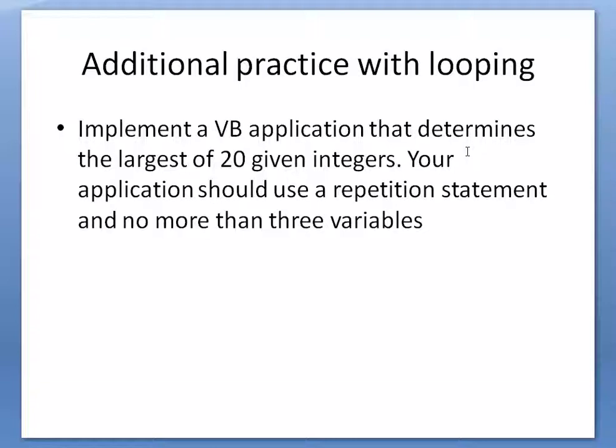If it is, now that's my max. I'm going to keep doing that until I reach number 20. So number 3, I do the same: is this greater than whatever I have now as the max? So I'm going to keep track of the greatest number that I'm getting from the user at that moment. So what I'm going to do, I'm going to implement it.